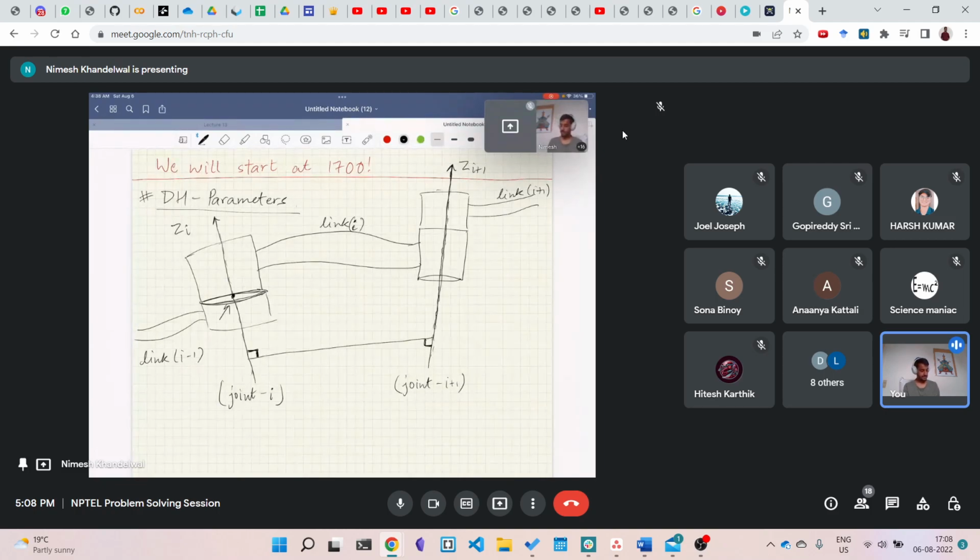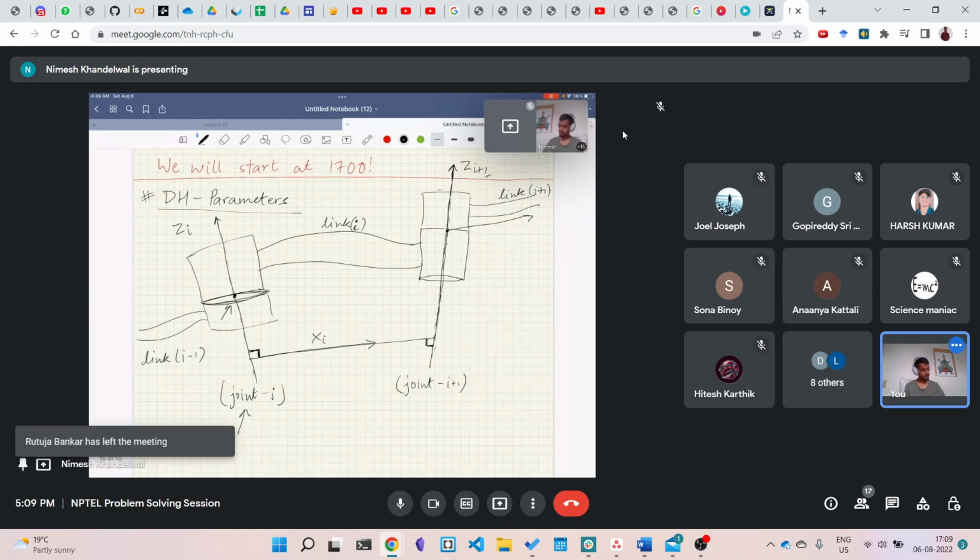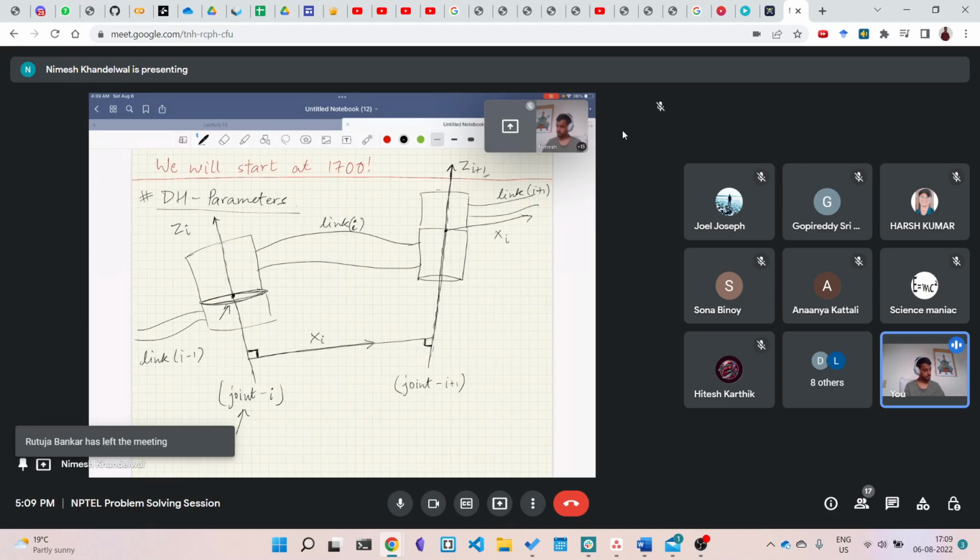Along this line is what we define as X of I, the x-axis of joint I. And you do similarly for I plus 1 using Z I plus 2. So I will just assume that there is an X I plus 1 here.